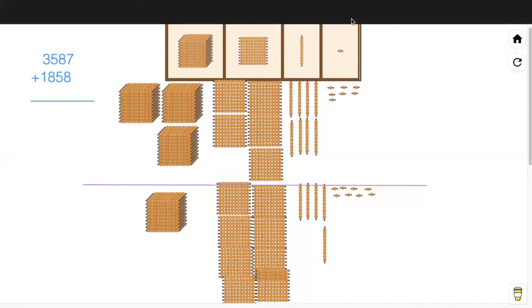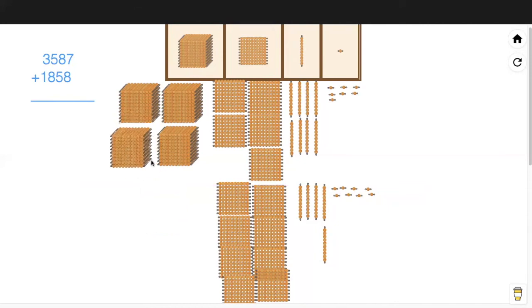When you finish forming your number, remember we get to do the really, really fun part where we put all of them together. You can mix them up and then put them all together and see what happens.